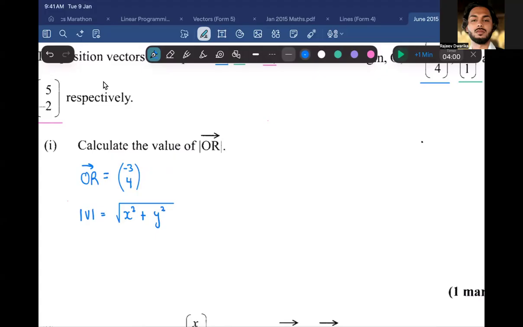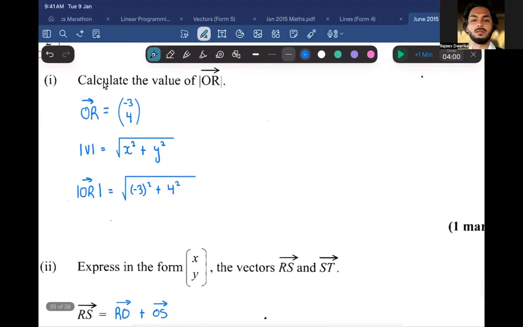So Ivan, let's find the magnitude of OR. That will be equal to the square root of minus 3 in brackets squared plus what? 4 squared. Yep. What is minus 3 squared? Not minus 9.